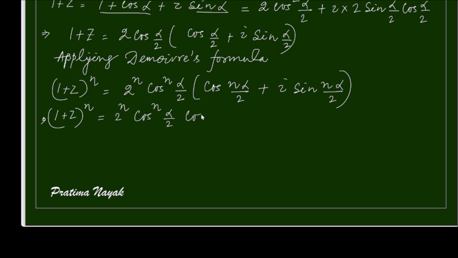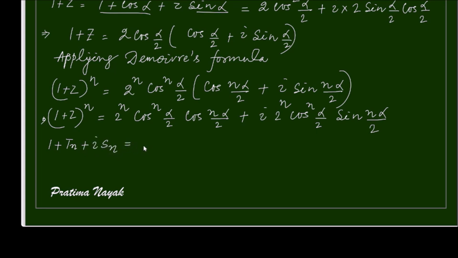I am separating them, cos n alpha by 2 plus I 2 power n cos power n alpha by 2 multiply sin n alpha by 2. So 1 plus z power n is nothing but your 1 plus Tn plus I Sn.